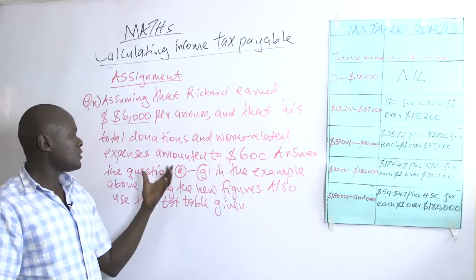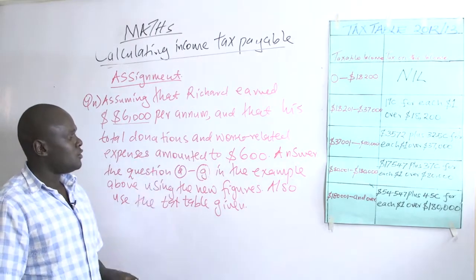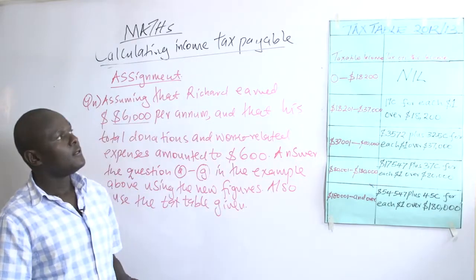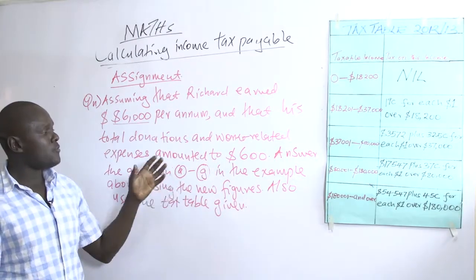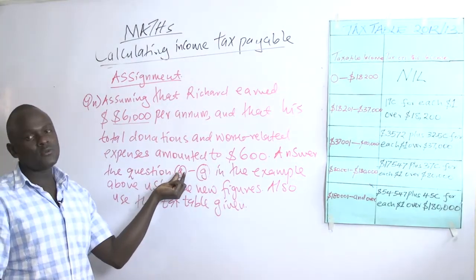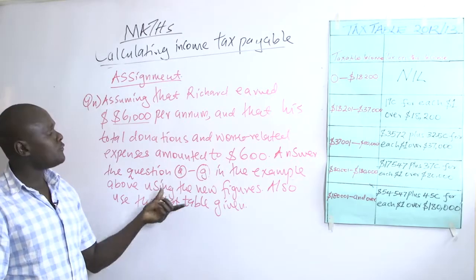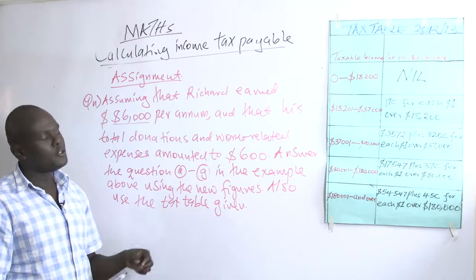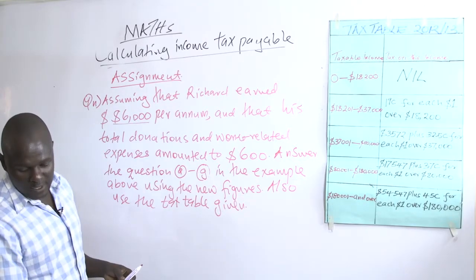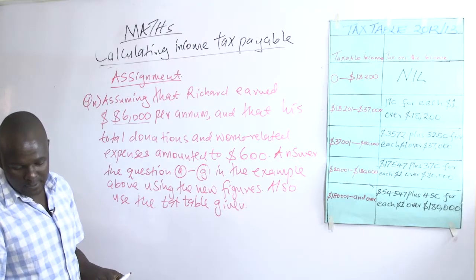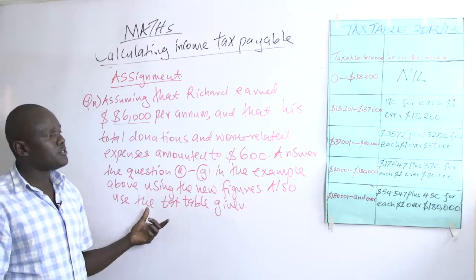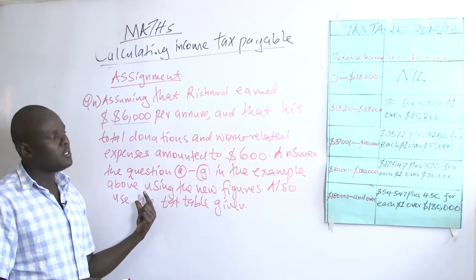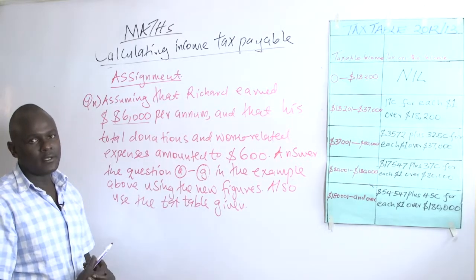So you need to use these new figures together with this provided tax table to answer these questions, from the first one that we started with, which was to calculate the taxable income, to the very last one, whereby we calculate whether Richard has a tax liability or a refund is required.